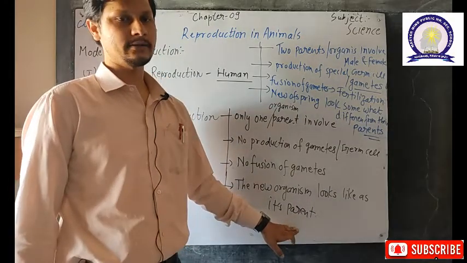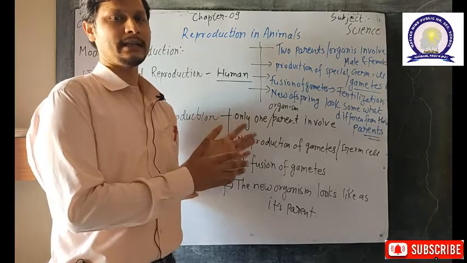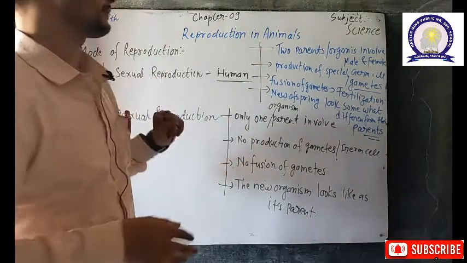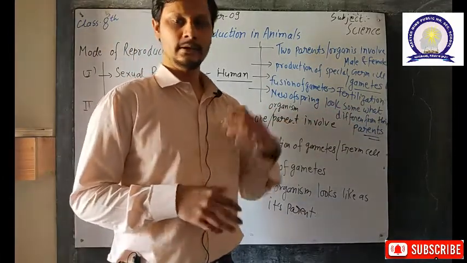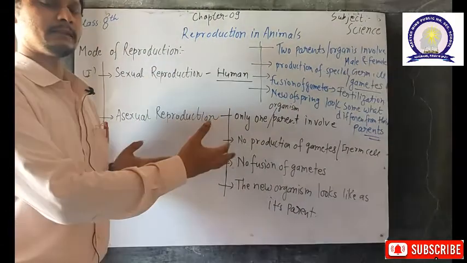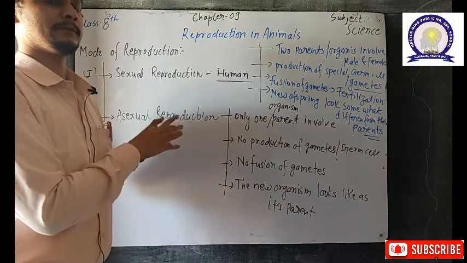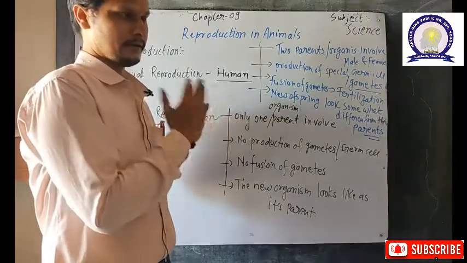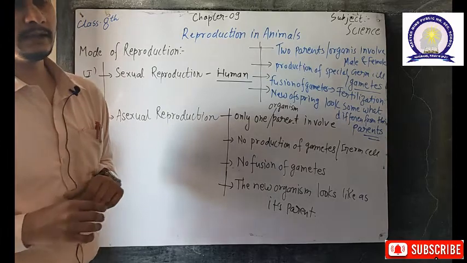In asexual reproduction, the new organism produced looks exactly like the organism that was previously present, but in sexual reproduction the new offspring looks somewhat different from its parents. This kind of difference is called variability, and it is present in the new offspring in sexual reproduction.